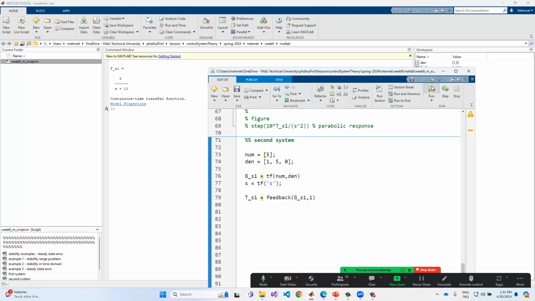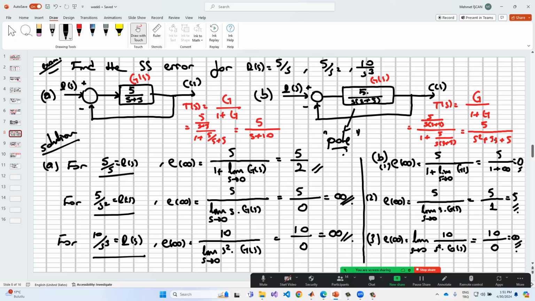Because if this is the case, and then the 5 divided by S squared plus 5 times S should be given in here, because the second transfer function is equal to this one. And so the another term is the TS2 in here is equal to the 5 divided by S squared plus 5S plus 5. Okay? These are the general representation of the transfer function, which is given in here.